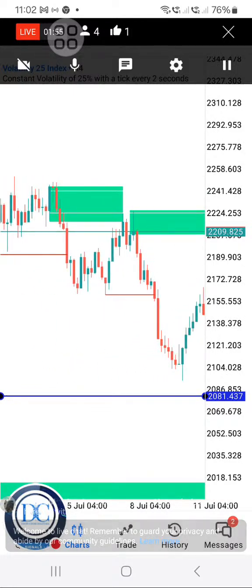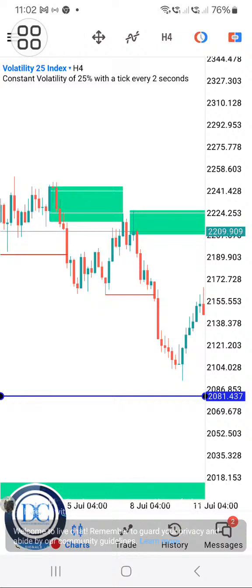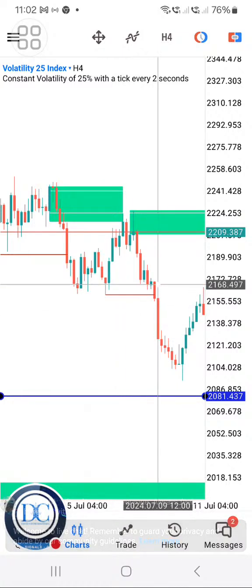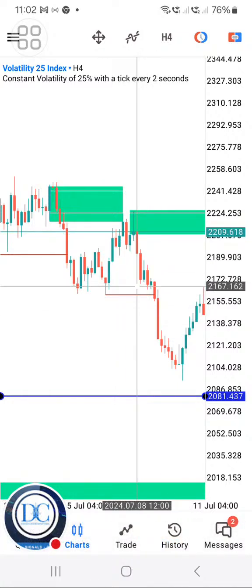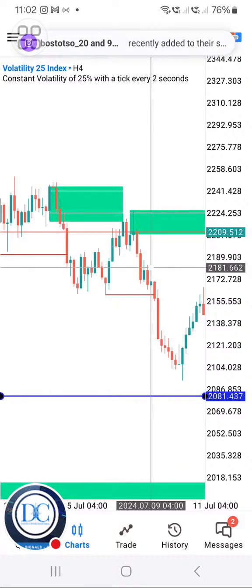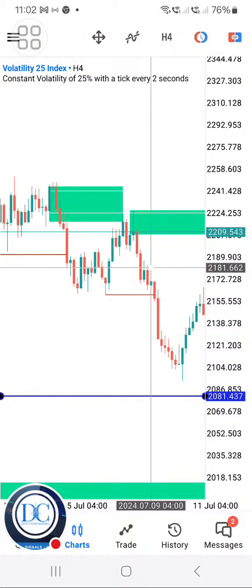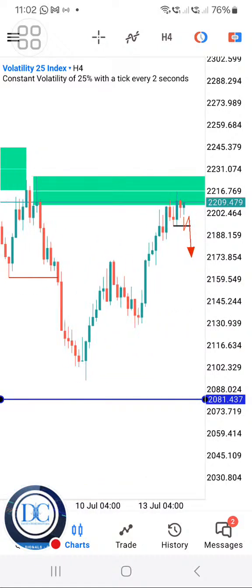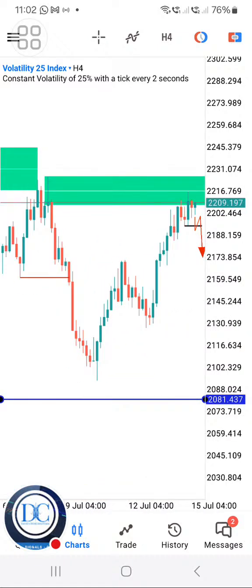We saw price at this particular level here. Price respected this order block, and then here it dropped and gave us a break of structure. Apart from the break of structure, we also have a fair value gap here, and if you check, it has been filled, and price is currently on a rejection block.